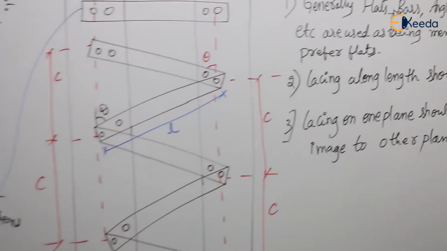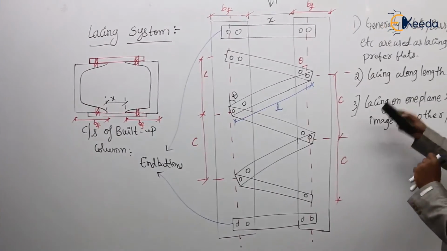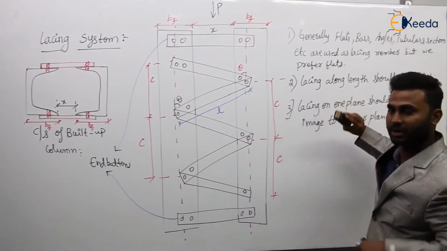Next, now let us deal with the provisions. These are some concepts. Of course, we have some more concepts, and along with that, we deal with the provisions given in the IS code.